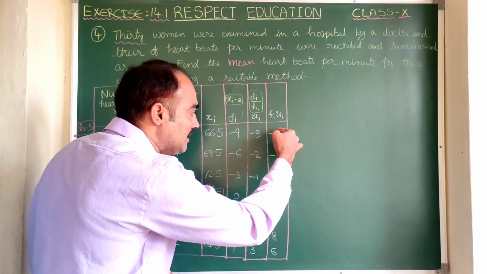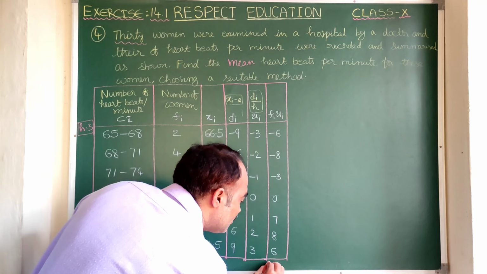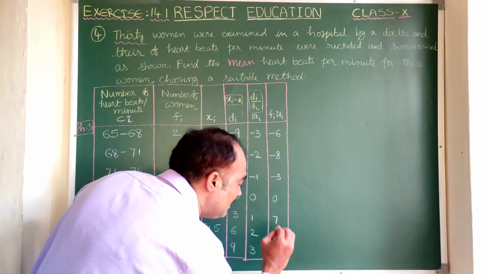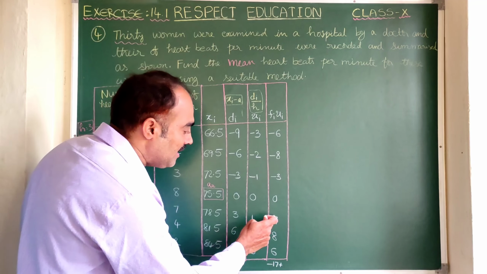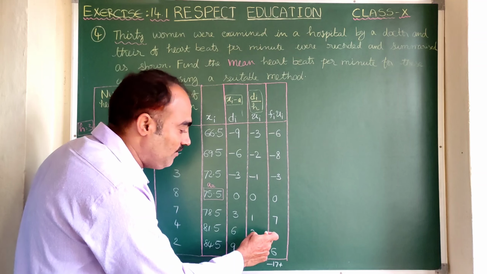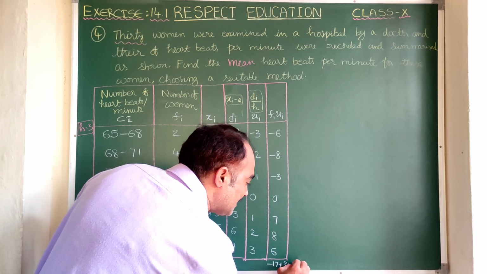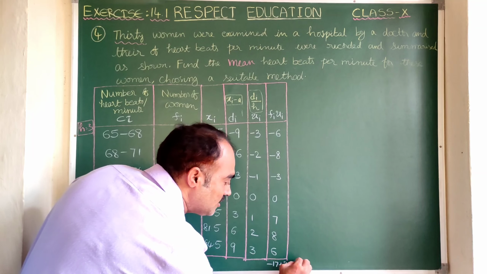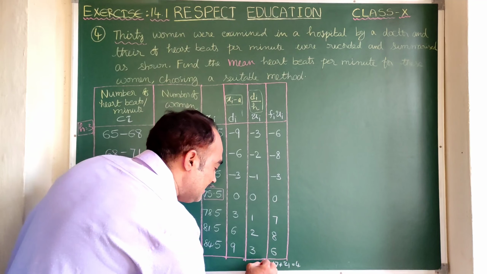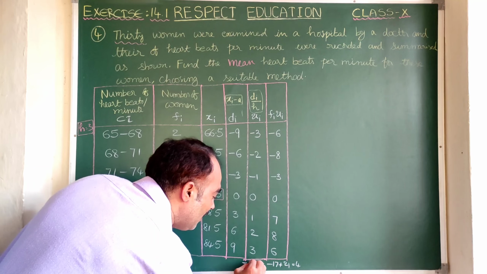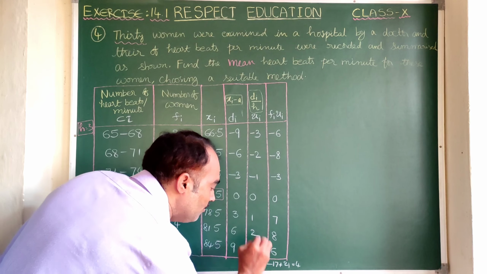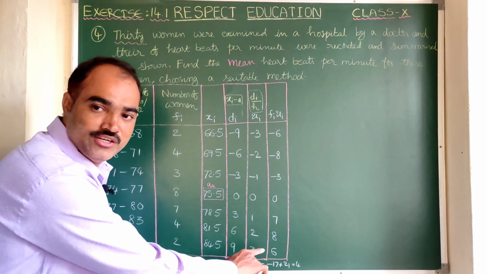So here it is minus 17. Plus, let us add the positive values. 7 plus 8 is 15. 15 plus 6 is 21. So directly we can say 21 minus 17 is 4. This is the value of sigma fi into ui.